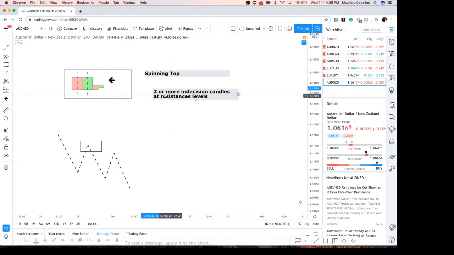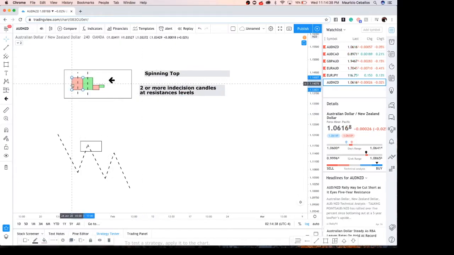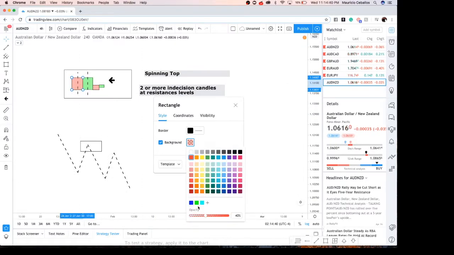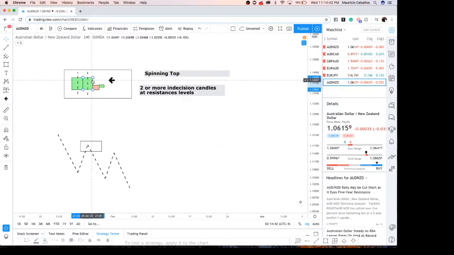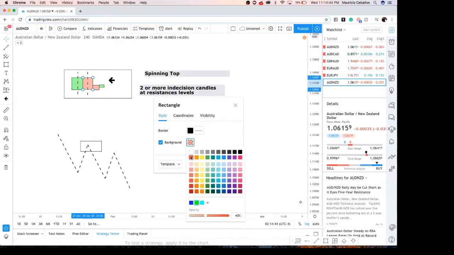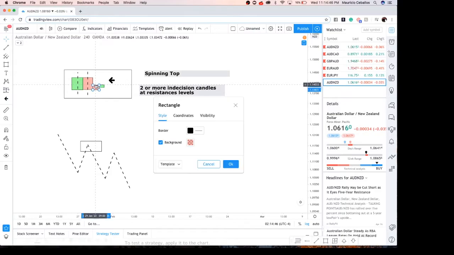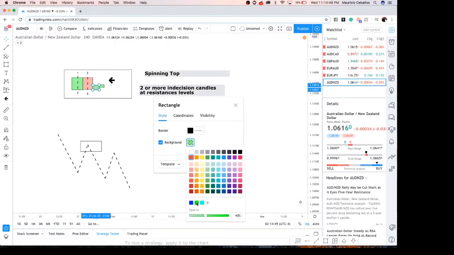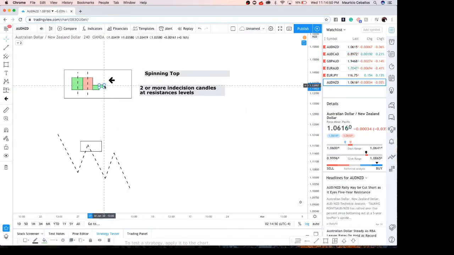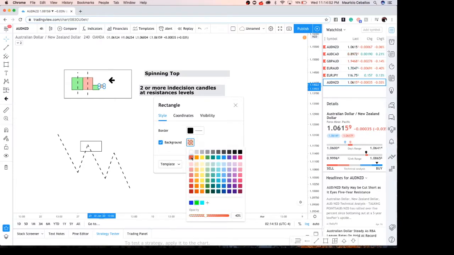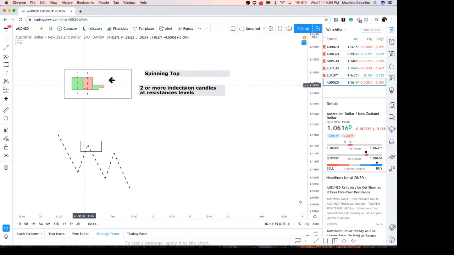Usually we start with a green candle, then end up with a red candle, and so on and so on. It continues repeating itself until it has that full indecision movement. So in this case, it's just back and forth, going up, going down, going up, going down, indecisive, spinning candle, spinning tops.